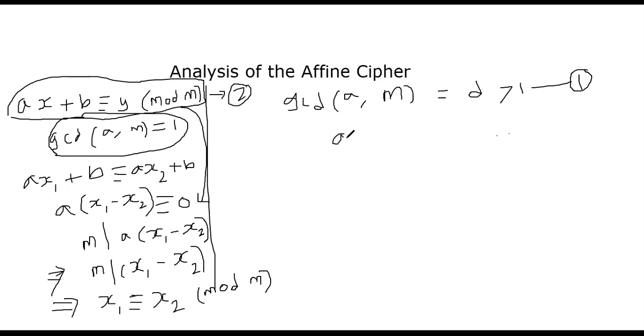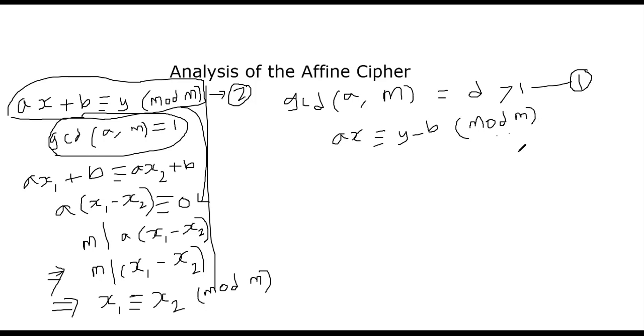We write equation number 2 as follows: ax is congruent to y minus b mod m. Just rearrange the b a little bit. If you fix b, which is the case, and we vary y, y minus b will vary as well.